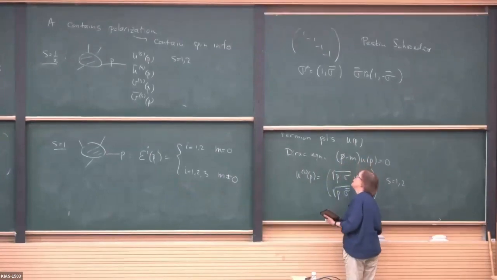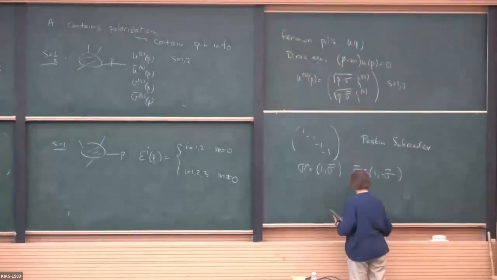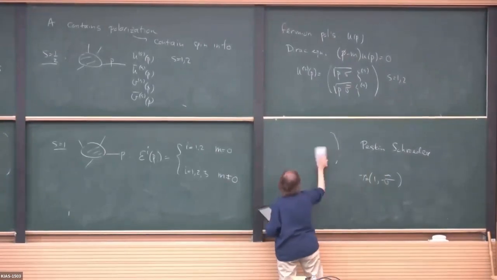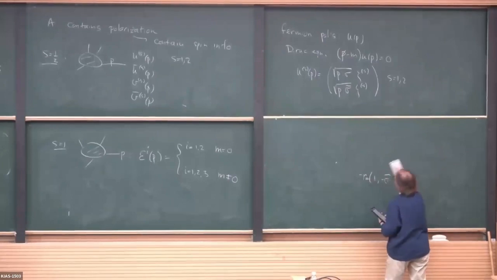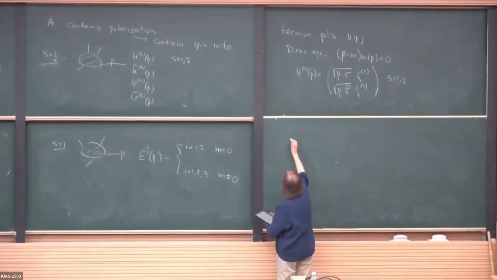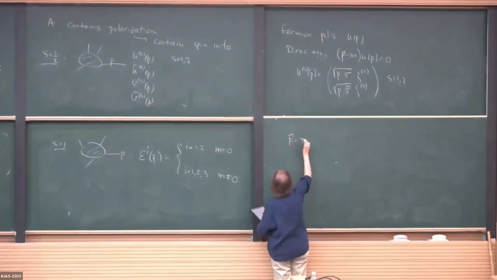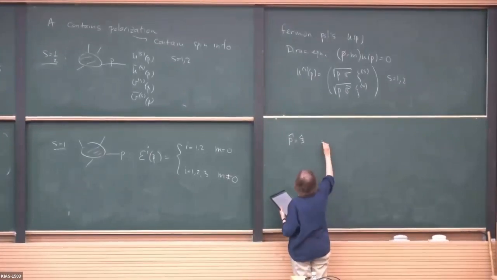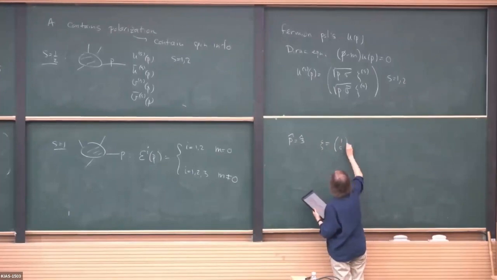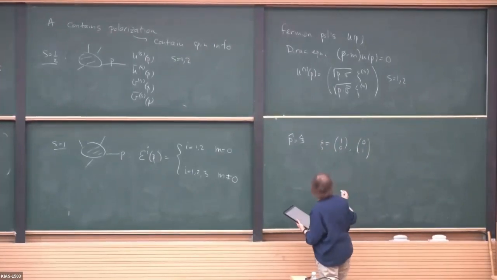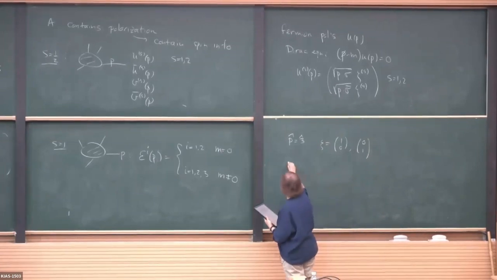For example, suppose I choose the z-axis along the particle direction. So p equals the 3 direction. Then I could choose my two ξ's to be (1,0) and (0,1). And these essentially give the helicity states.